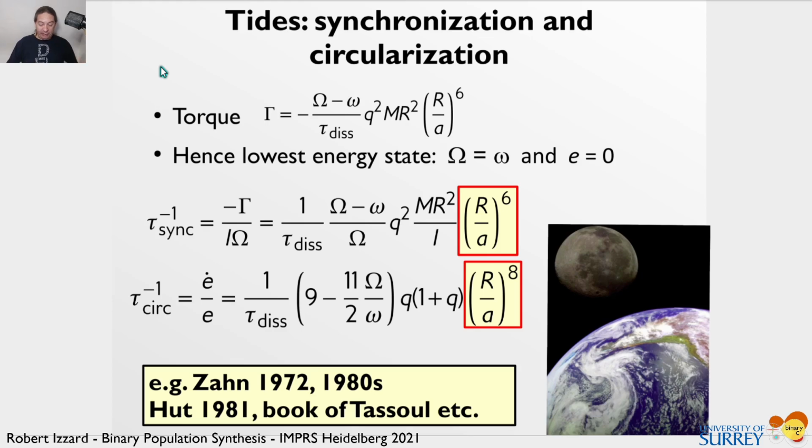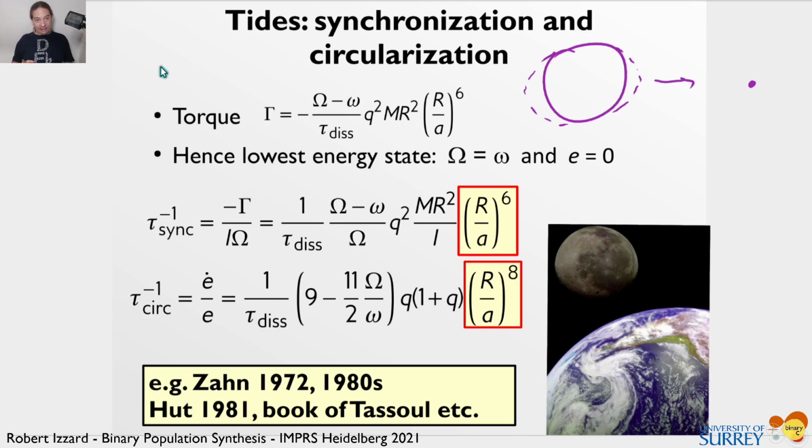Now, speaking of that theory, we'll have a quick look at tides. Now, I don't want to go into tides in too much detail because they're not the simplest thing to look at. But the tides are the dissipation of the orbit that happens because of deformation in the stars. So if you have 2 stars, say here and here, this star will be deformed in bulges pointing roughly towards the other star.